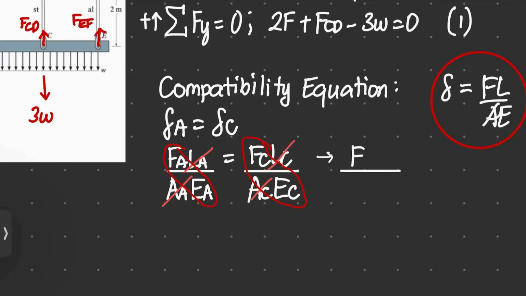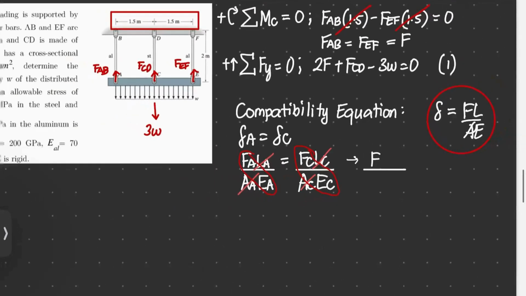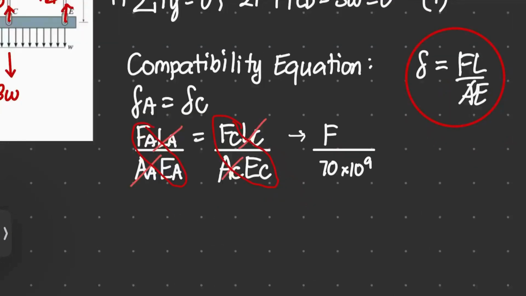Then the elasticity at A, since it is aluminum, we will use 70 times 10 to the 9, since it's in gigapascals and we want to ensure uniform units. Let's convert it to pascals by multiplying by 10 to the 9th.